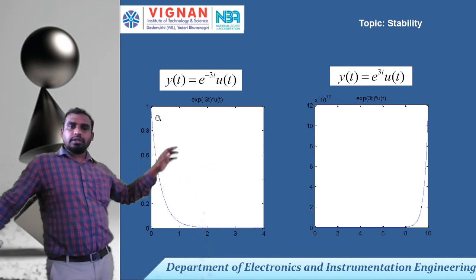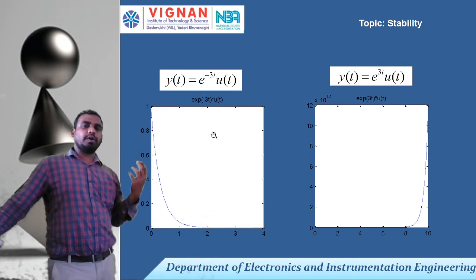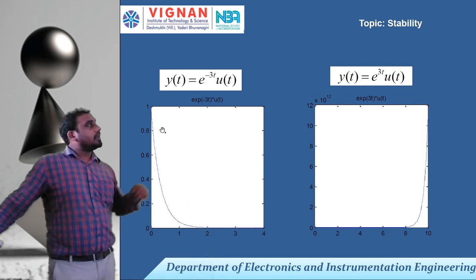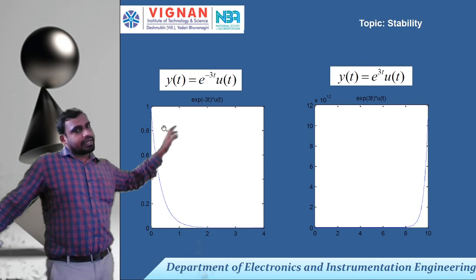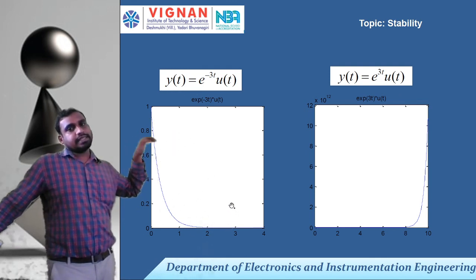So this is the initial value, and the final value is within our bounds. We can know it since the exponential of a negative term decays the response, right? So the final value of the response will be 0. Therefore, the system is within the boundary and it is stable.